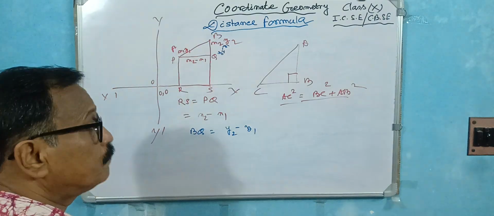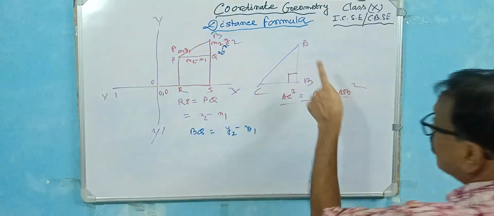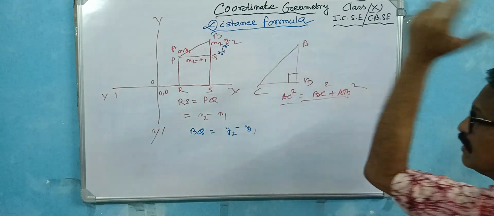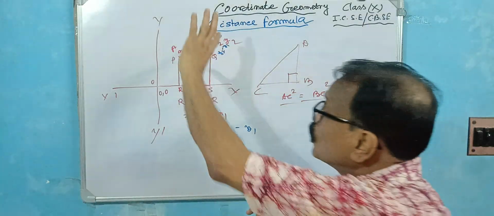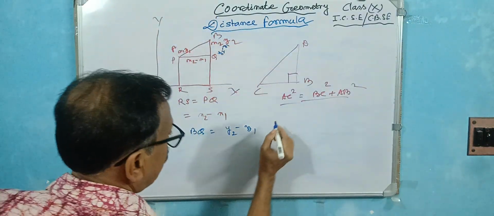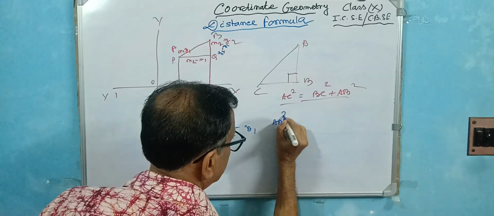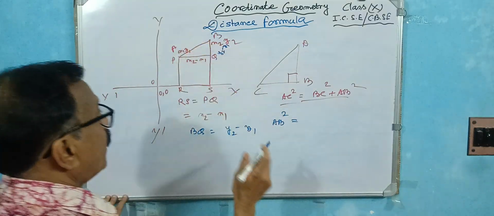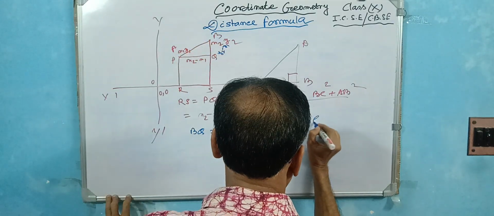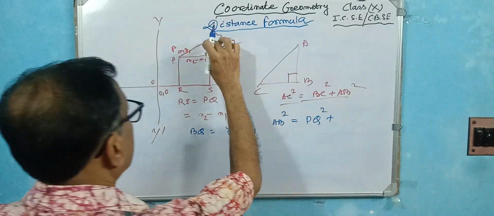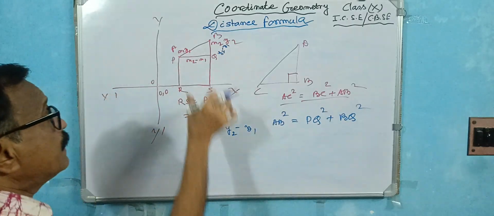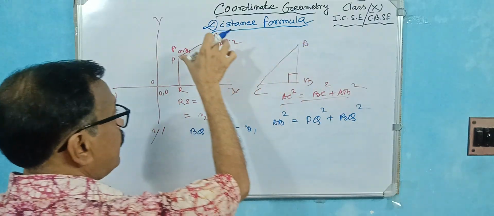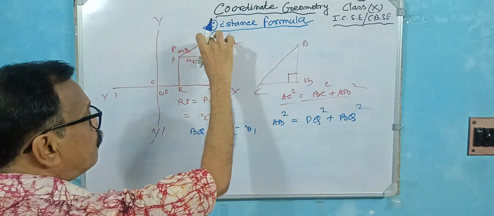Is it clear to you? So in the Pythagoras theorem, you apply AC square is equal to this. Here is also the same thing: AB square is equal to PQ square plus BQ square.